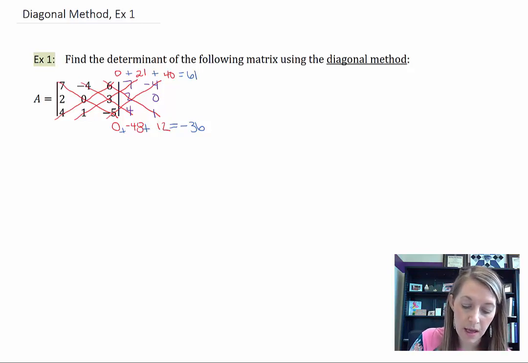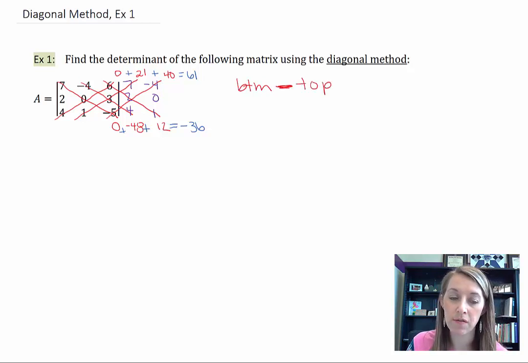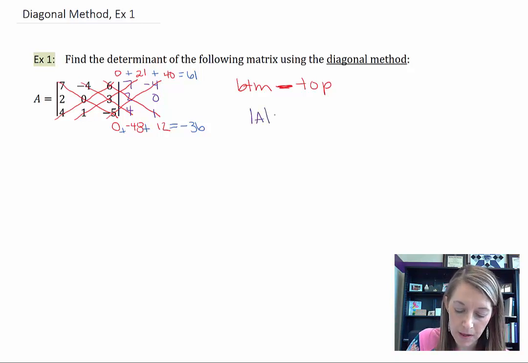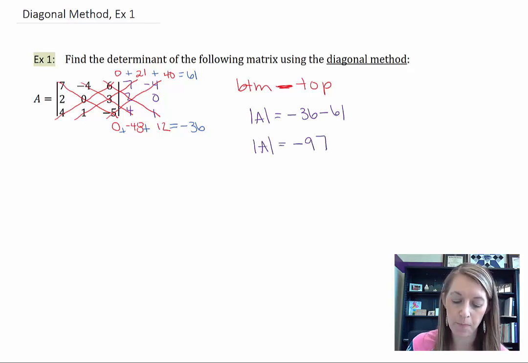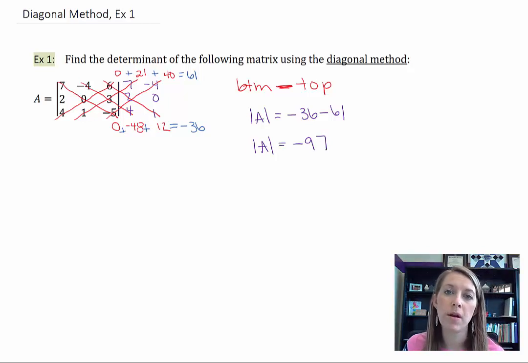Then you take the bottom number here minus the top number, and that's going to give you the determinant. So the determinant of A is going to be negative 36 minus 61, and so the determinant of A here is negative 97.